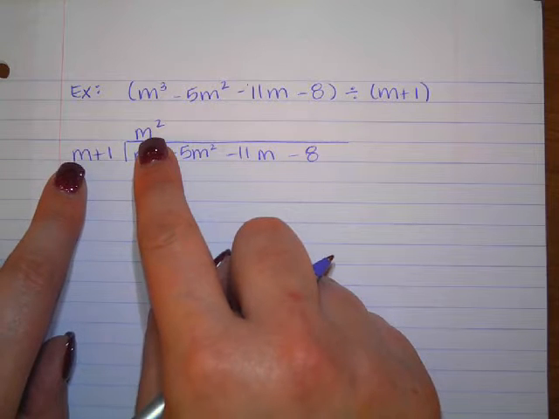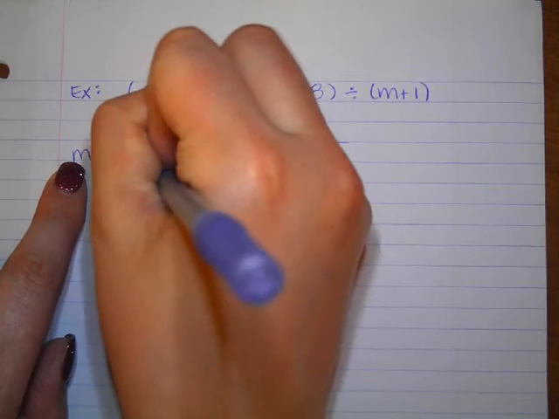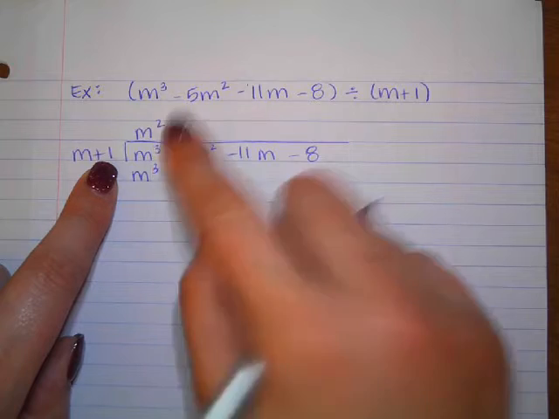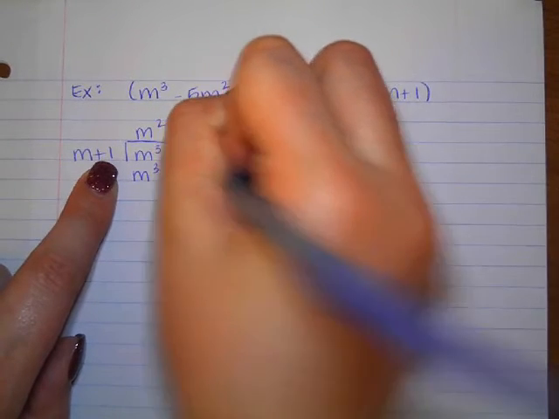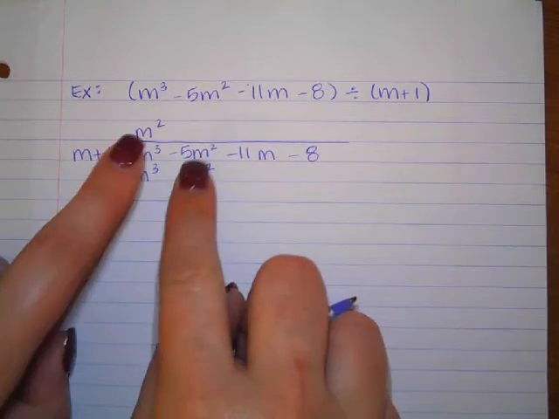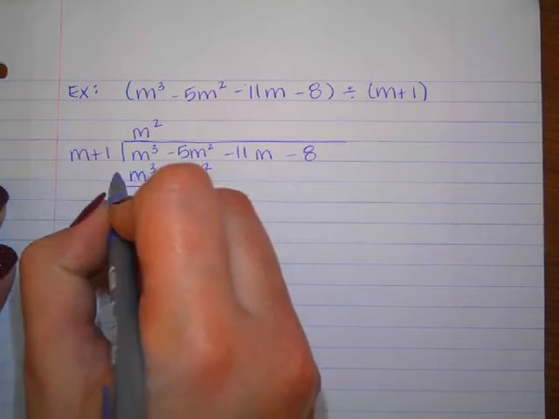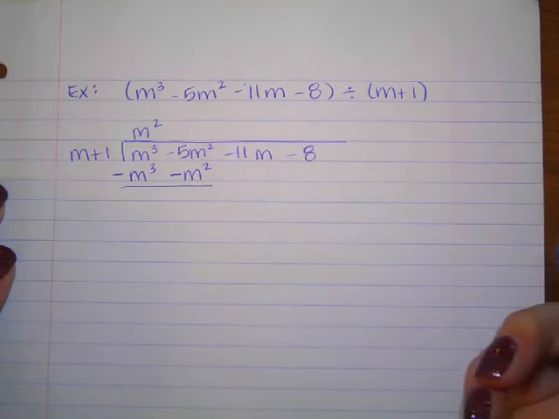So m squared times m is m cubed. M squared times 1 is just 1m squared, okay? And then we are subtracting both of these things, so I draw a line underneath and I change the sign of each of them.